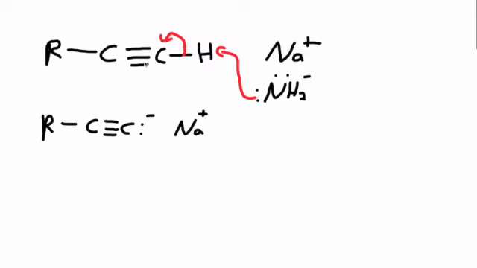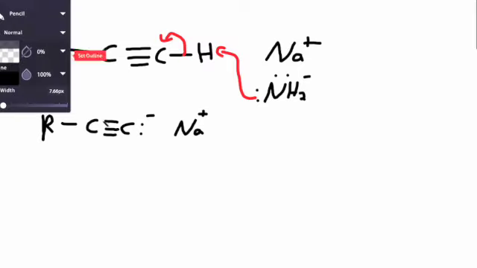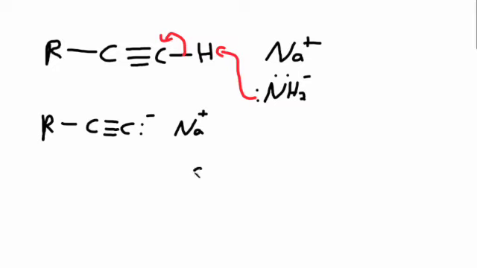And we're actually going to see that it can attack another molecule. So let me just think of one off the top of my head. Let's react it with, draw a reaction arrow, CH3.